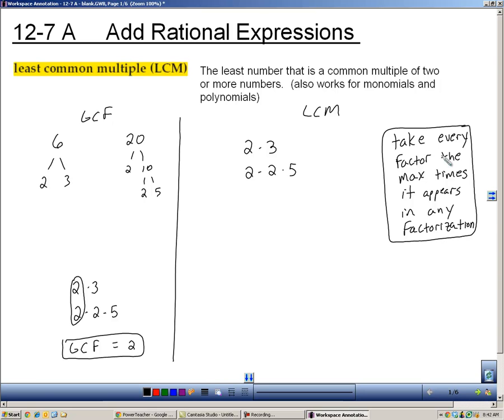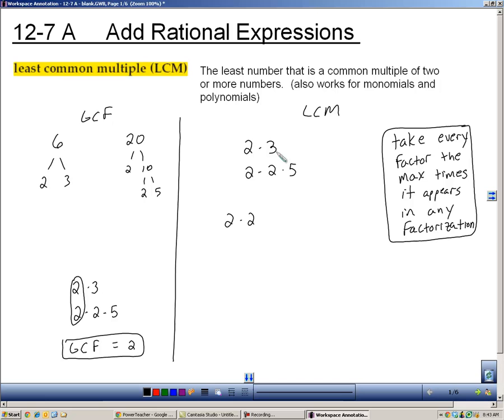Notice it doesn't say take the max times it appears anywhere, the max times it appears in any factorization. Well, let's see what that means. I have a 2, and it doesn't have to be in common. I just have a 2 factor, so I'm going to take a 2 out. But the question is how many 2's? Well, you take the factor of 2 the maximum number of times it appears in any factorization. Well, here it appears once, here it appears twice.